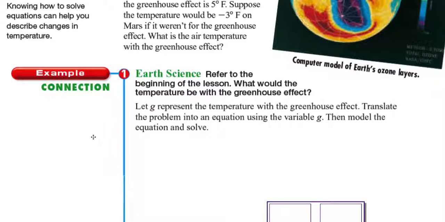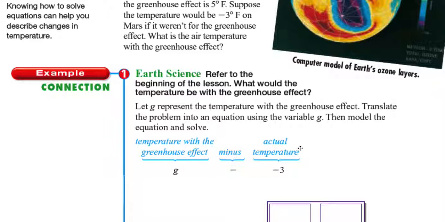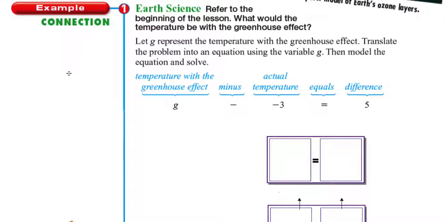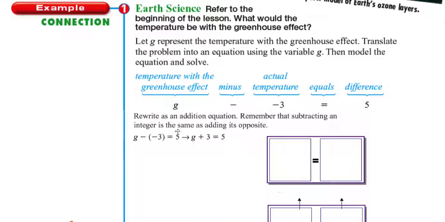So the temperature with the greenhouse effect, we represent with G, minus the actual temperature, which is negative 3, equals the difference, which is 5. Okay, so rewrite this particular equation. We have too many minus signs there, so we rewrite it as an addition equation.